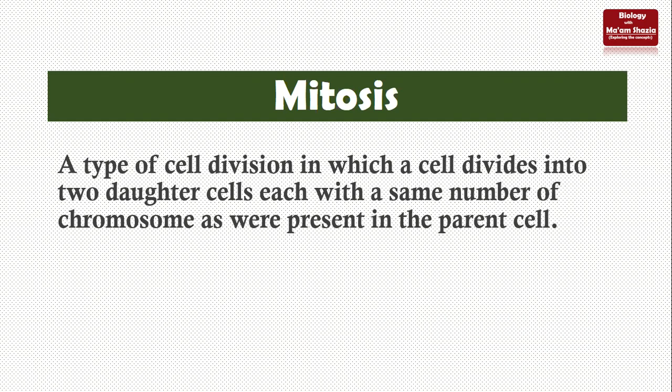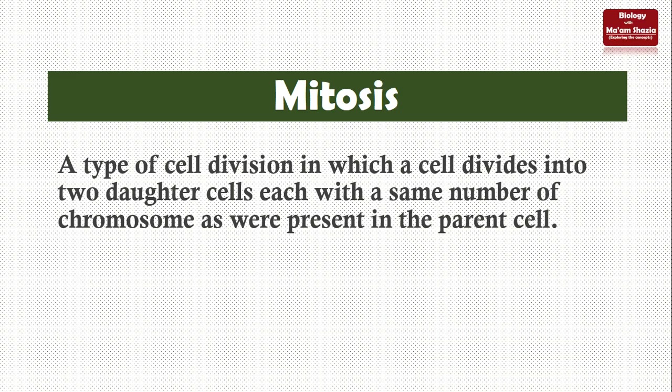After completing the division, if the two daughter cells too have the same chromosome number, that is 46, it means this type of division is called mitosis. It means the parent cell and the daughter cells are exact copies of each other. The two daughter cells are identical to each other, and they are identical to the parent cell as well, right? So they are genetically identical.